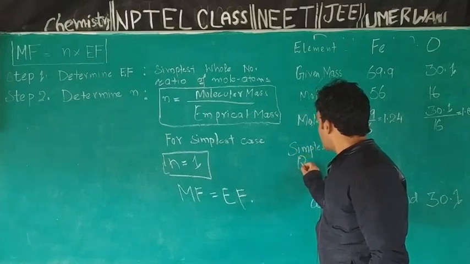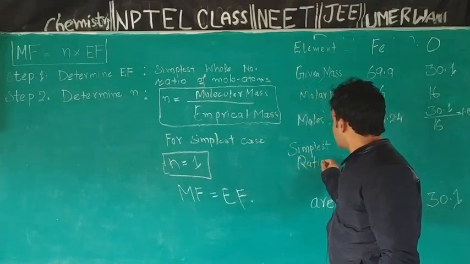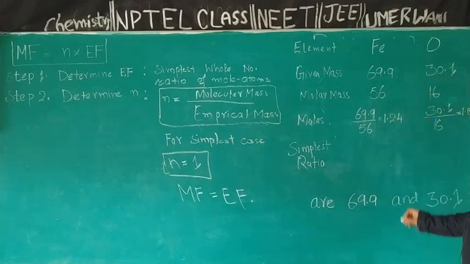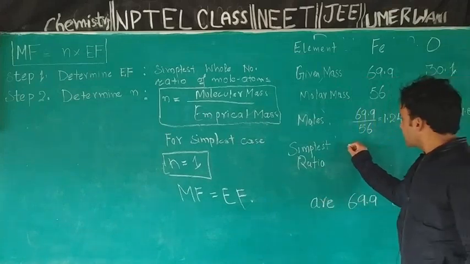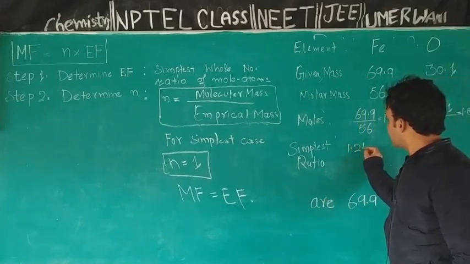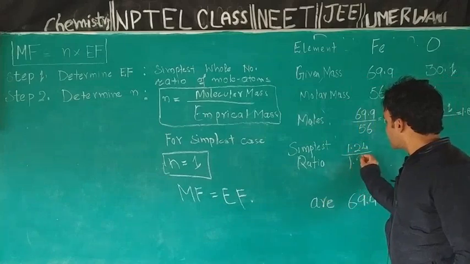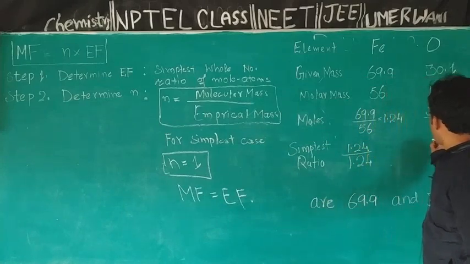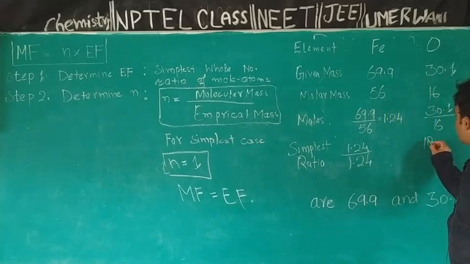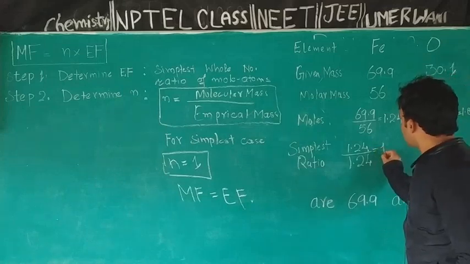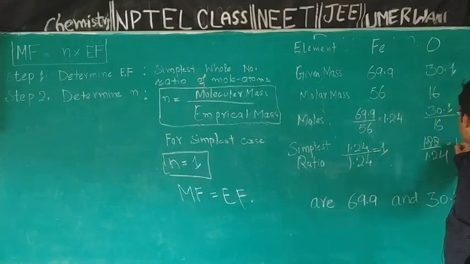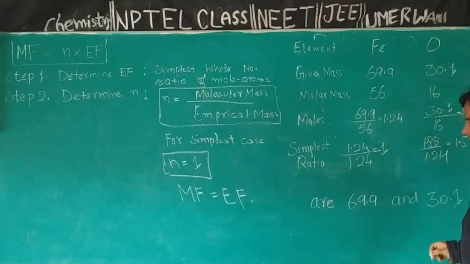I have already told you how to make the simplest ratio. Divide both by the smallest of them. The smallest is 1.24, so I will divide both by 1.24. 1.88 divided by 1.24 will come equal to 1.5 approximately, and the other will be 1.